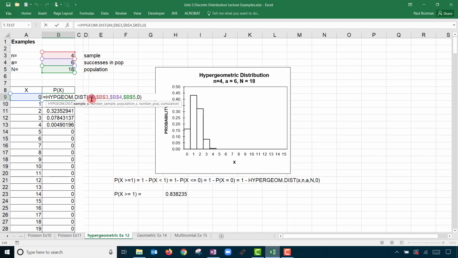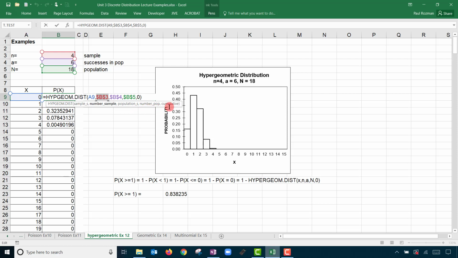When you're actually typing these things, if I click into the formula, below it, it starts to prompt you, although they're pretty cryptic. Sample S is like my sample size of 4. Oh no, it's sample successes, then number in the sample, then population successes, number in the population, and then that cumulative flag.